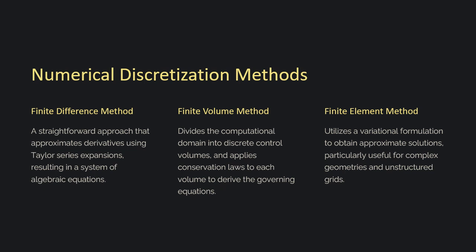We have the finite volume method, which divides the computational domain into discrete control volumes and applies conservation laws to each volume to derive the governing equations. We have the finite element method, which utilizes a variational formulation to obtain approximate solutions, particularly useful for complex geometries and unstructured grids.